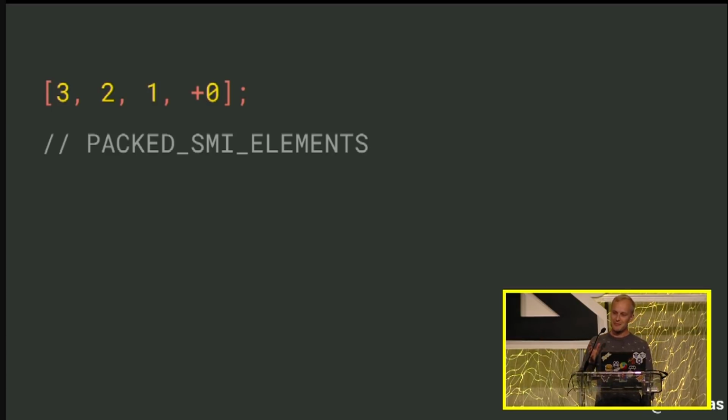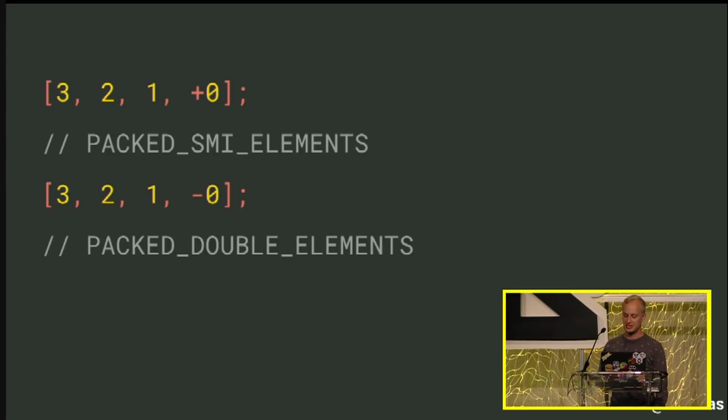But just adding -0 to this array of small integers is enough to transition it to packed double elements. And now any future operations on this array will be optimized in a completely different way than they would be for SMIs. It would still be optimized, but just differently. And this is just one more reason to avoid the use of -0 in your code if you don't really need to make that distinction, which I think in most cases you don't.